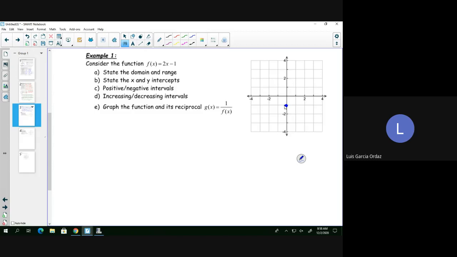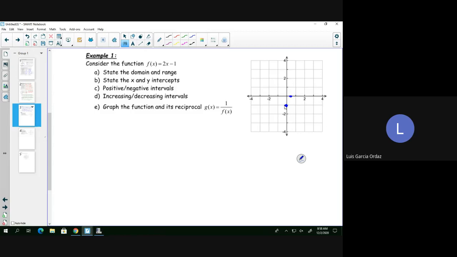And what would be our x-intercept? 1 over 2. And now, because we have to know this, at what x value does it give us positive 1 and negative 1? 1 plus 1 is 2, so x is 1.